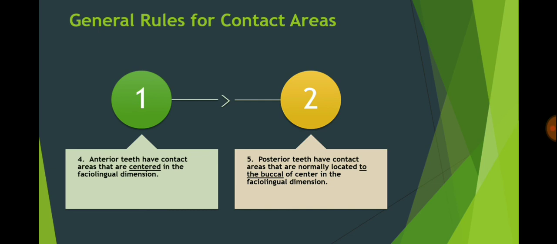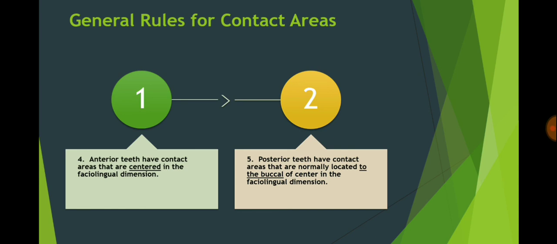All right. General rule number 4. Anterior teeth have contact areas that are centered in the facial-lingual dimension. Okay? Anterior teeth have the contact areas which are right in the middle of the facial-lingual dimension. Rule number 5, you have to know that the posterior teeth have contact areas that are normally located to the buccal of the center in the facial-lingual dimension.